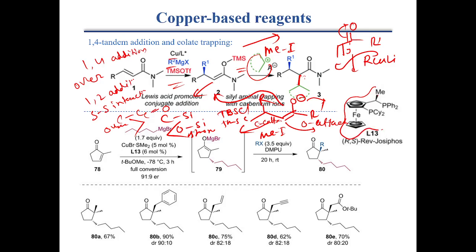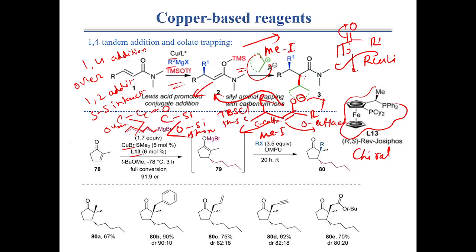If we treat it with a chiral ligand in the presence of copper, this C3 MgBr with the copper forms the first copper complex.